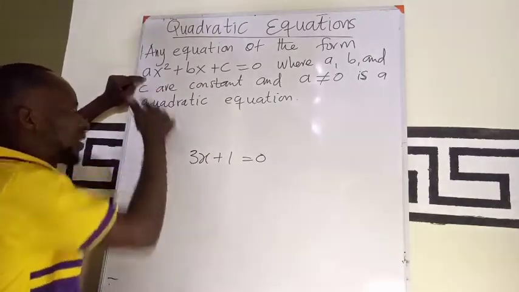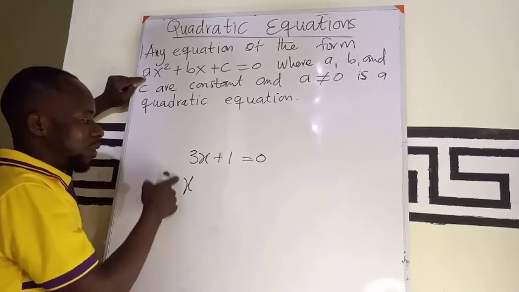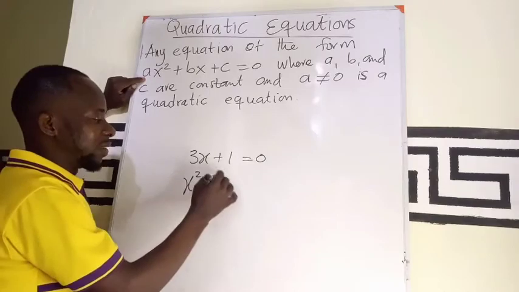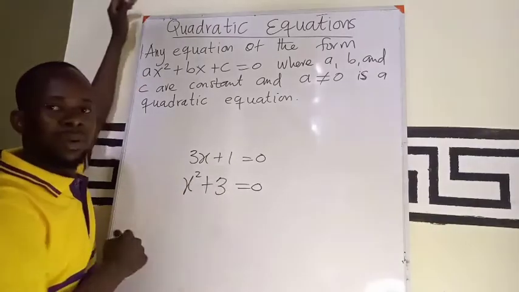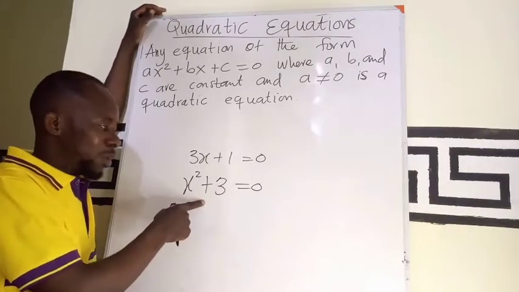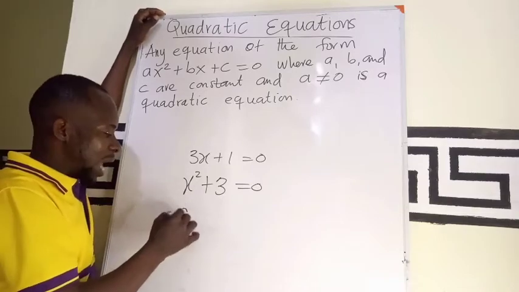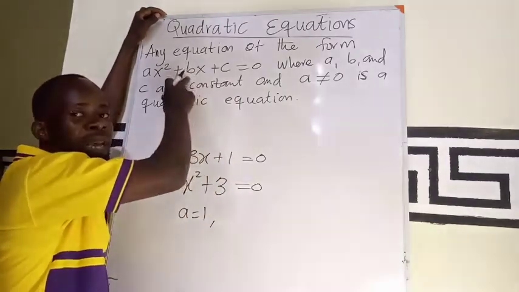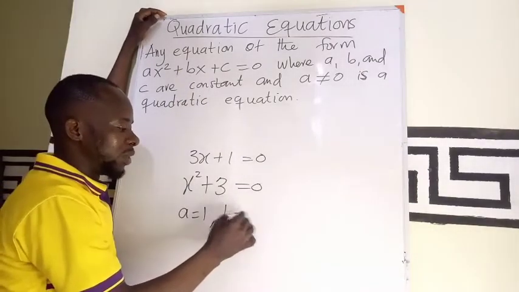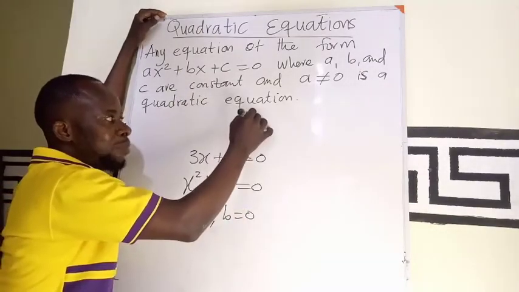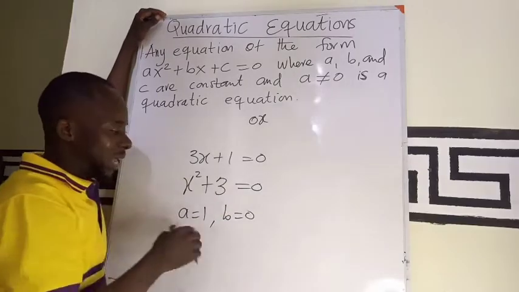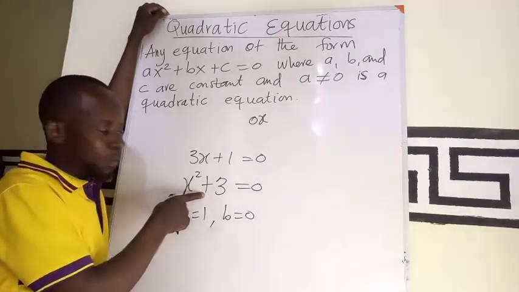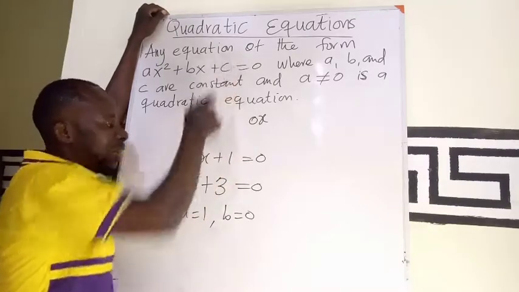So if this is there, it means I can have x squared plus 3 equals 0 as an equation, because in this case our a equals 1 and the b, which is the bx, equals 0. Because the b is 0, 0 times x will make the bx term 0, but we are having the constant term as c.